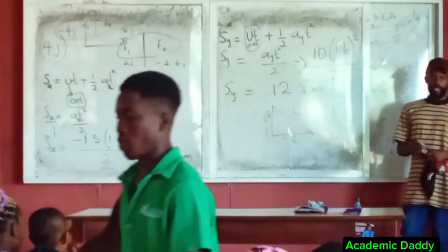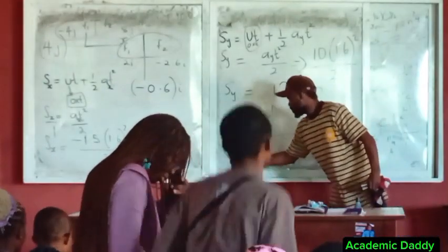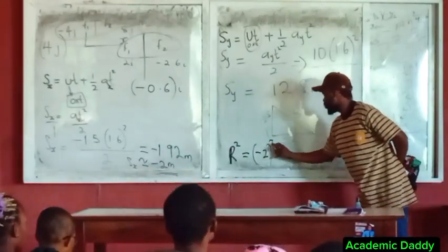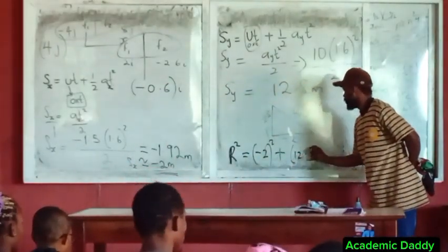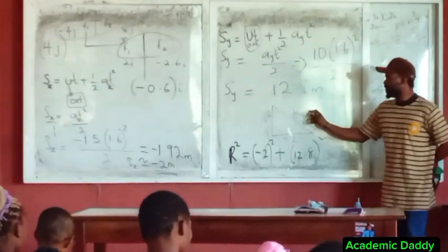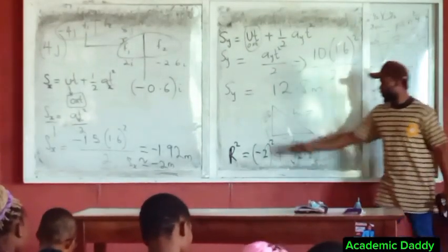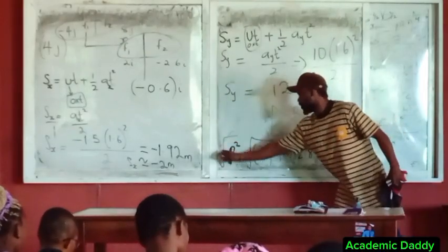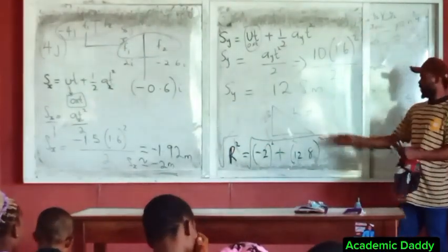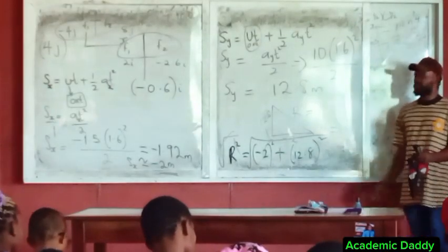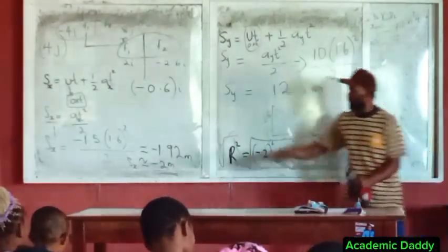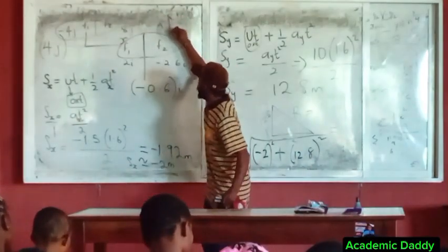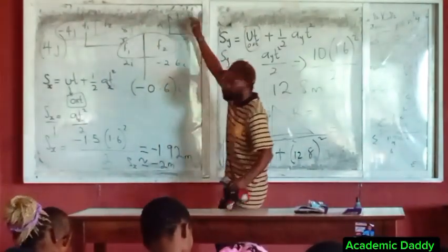So I can now do r squared equals minus 2 squared plus 12.8 squared. Here we know already it becomes the total displacement because you still take the square root of both sides. This will cancel this. So once you finish, whatever it gives you now becomes the total displacement. The same thing as when I did acceleration. For acceleration, I do the acceleration this way and the acceleration this way. Whatever it gives you becomes this.